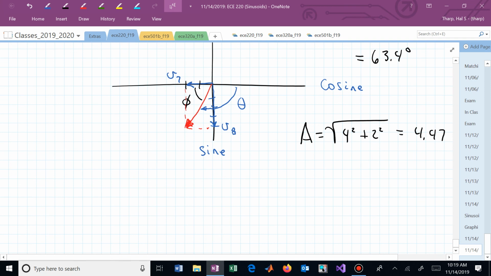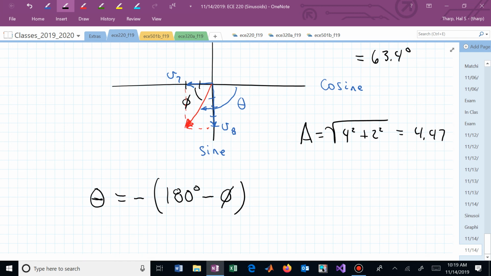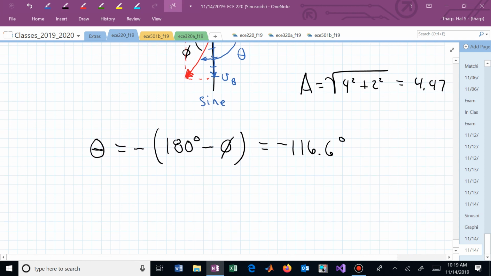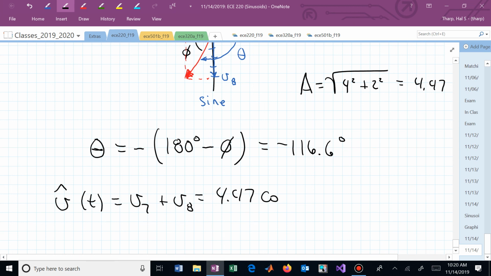And theta is actually going to be a negative of 180 degrees minus phi. It's negative some angle bigger than minus 90 in magnitude. This now ends up being minus 116.6 degrees, so that now our v hat of t, which was v7 plus v8, is now 4.47 cosine.